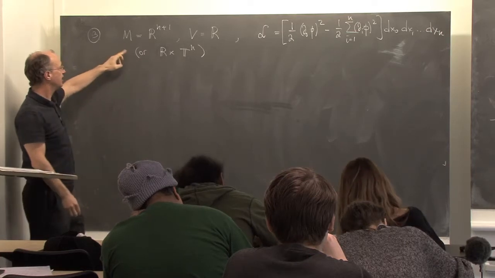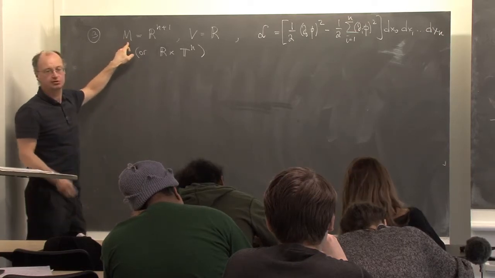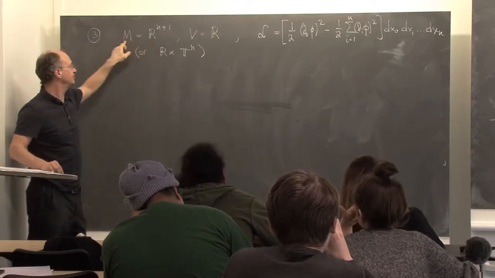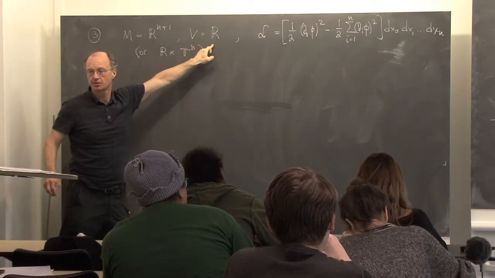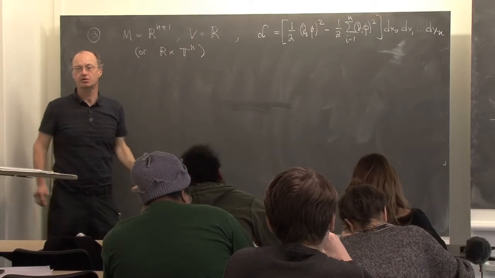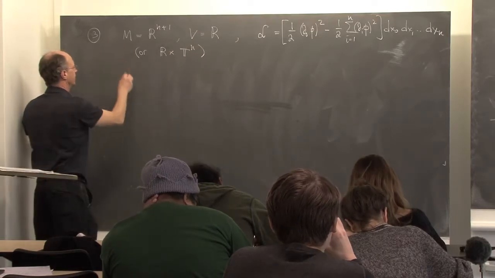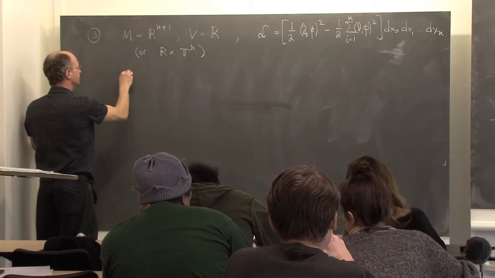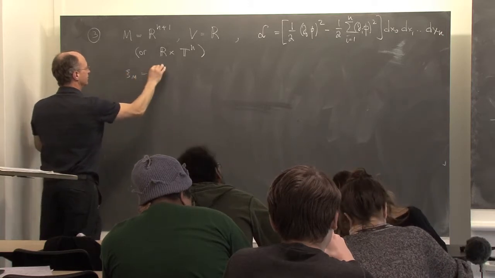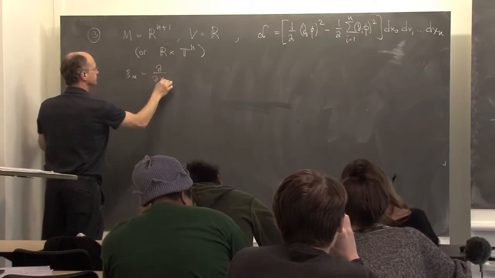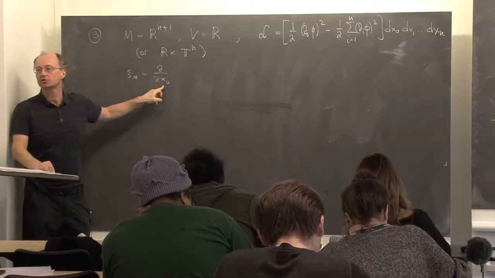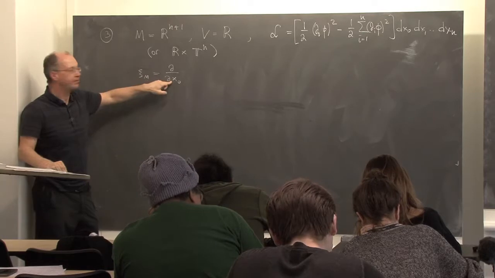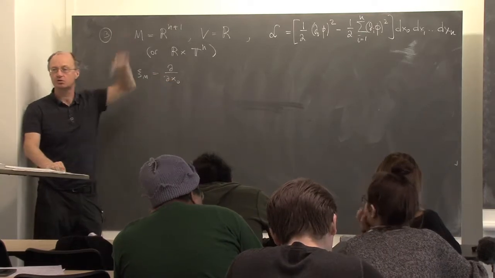I would like to now introduce a vector field on M instead of a vector field on V, and generate a vector field on the space of maps using that. So let's say psi M will be just a partial derivative in the time direction. So the corresponding group action would be translations along the time axis.